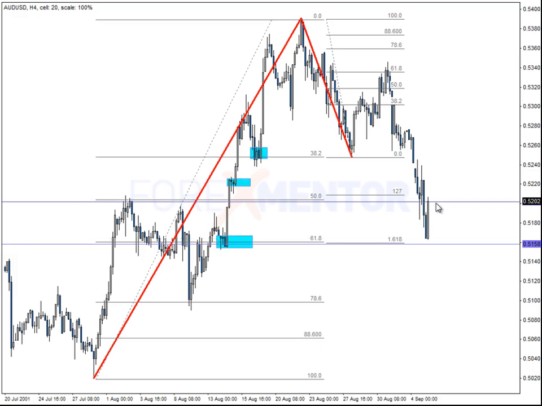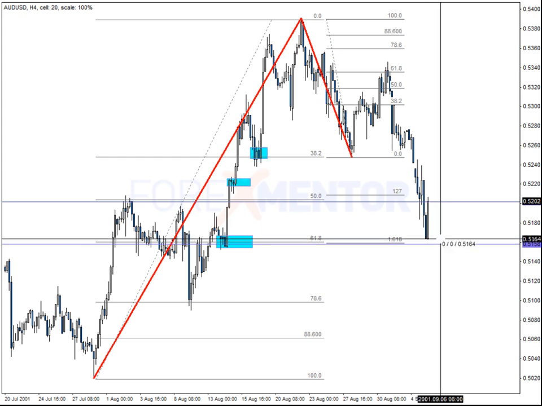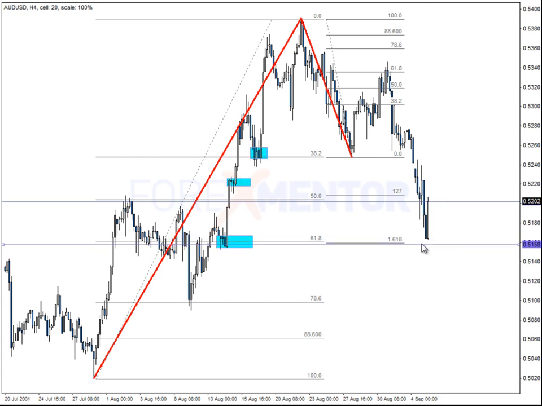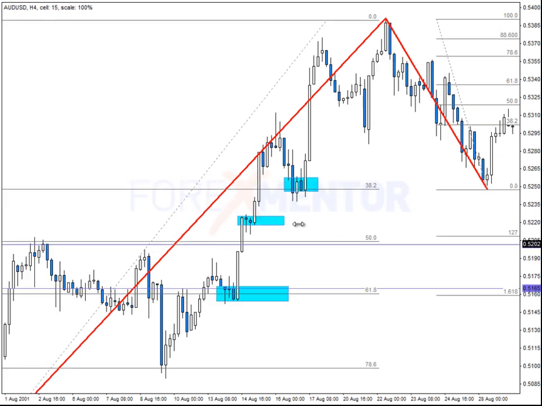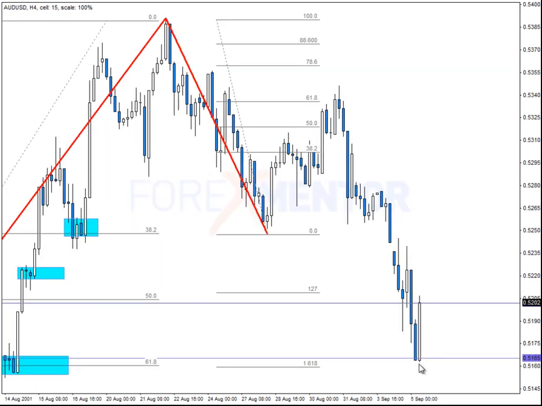So price comes down, spikes into the level. Look at the area. If we just move this horizontal level across to the last bearish candle right there, you can see how price reacts basically to the pip.